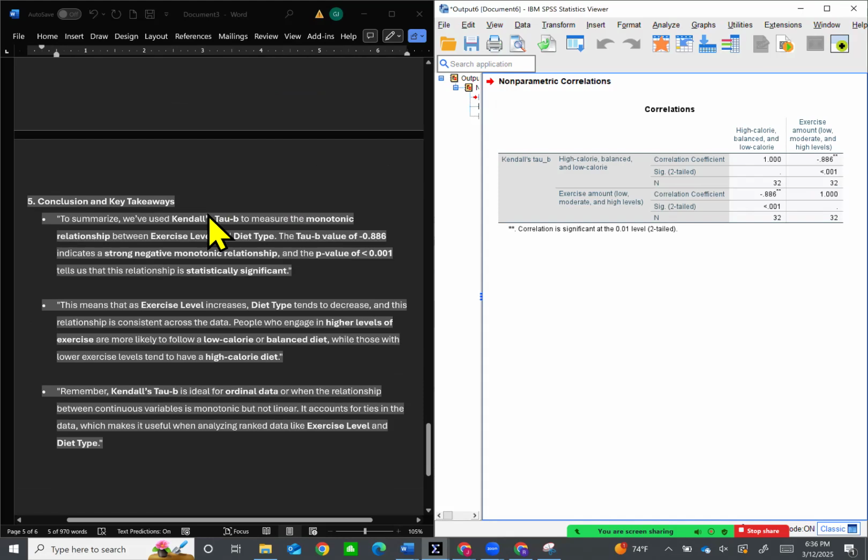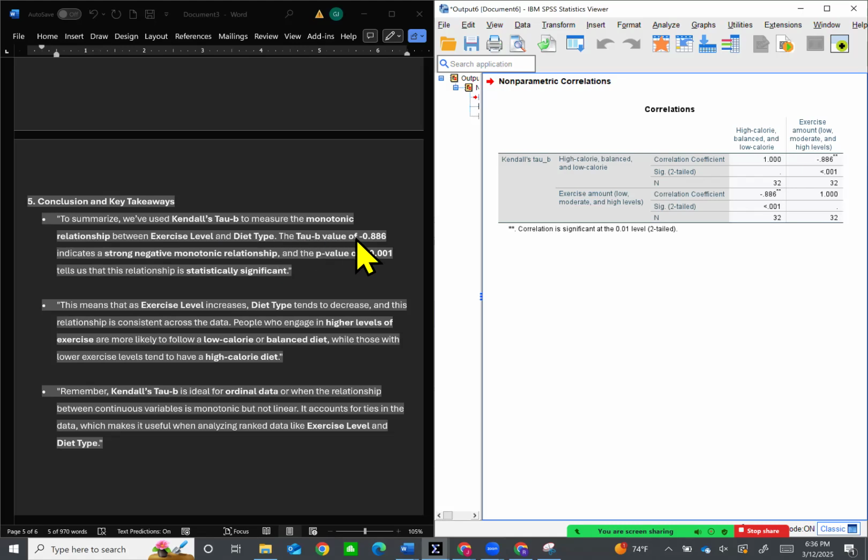And so summarizing this, Kendall's tau is measuring a monotonic relationship, where as one variable increases, the other either increases or decreases in a consistent way, but it doesn't necessarily have to be a straight line. It could be curvilinear. Measuring that relationship between, for today's purposes, exercise level and diet type, two ordinal, categorical, but naturally ordered variables.